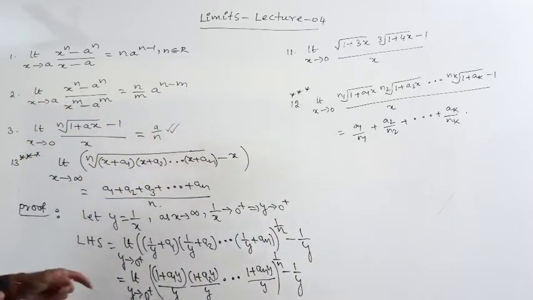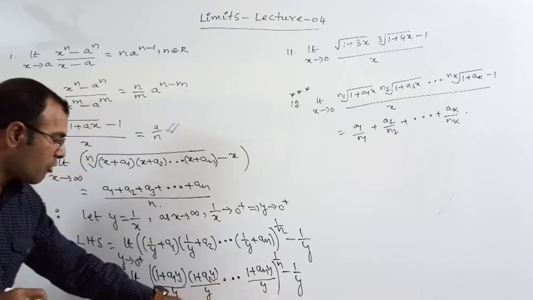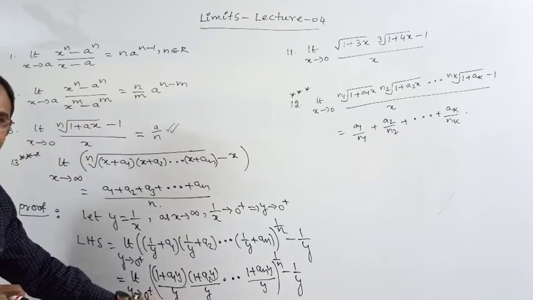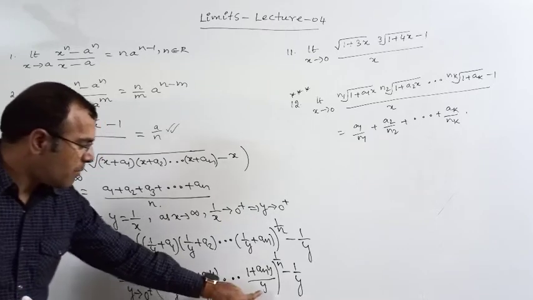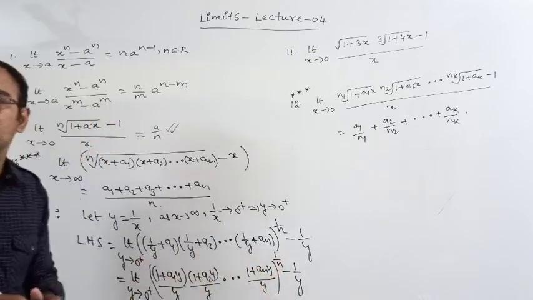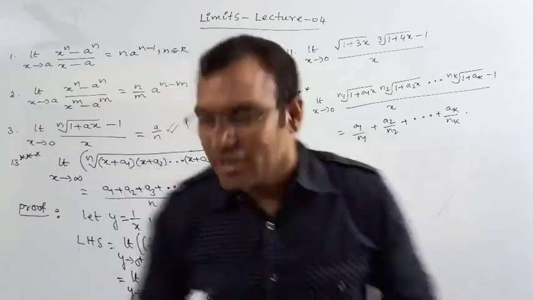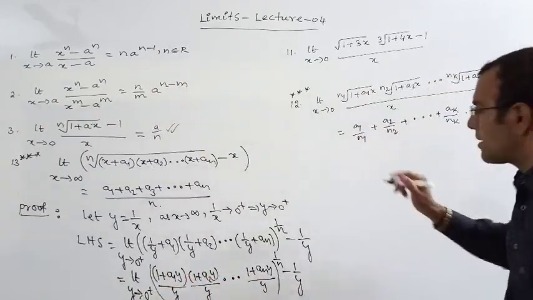Here we are multiplying y how many times? n times. So in the denominator you will get y power n, y power n power 1 by n, nothing but y. So you can take y in the denominator common.